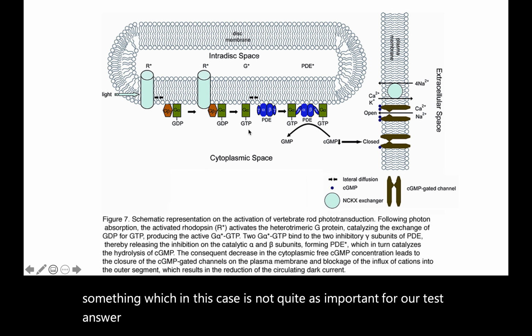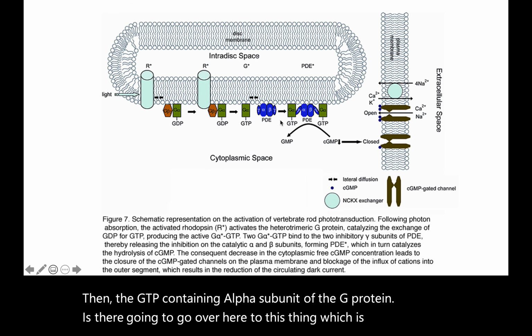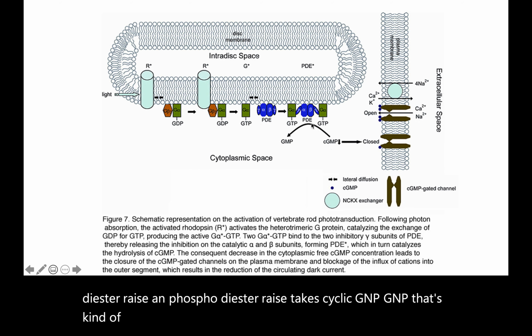The GTP containing alpha subunit of the G protein is then going to go over here to this thing, which is the phosphodiesterase. And phosphodiesterase takes cyclic GMP that's kind of bound up into a circle, and it's going to turn it into regular old GMP.